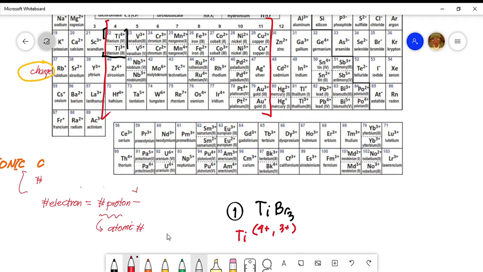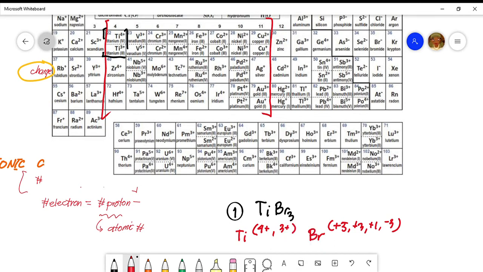And the bromine, if we look at this periodic table, can have +5, +3, +1, and -1.